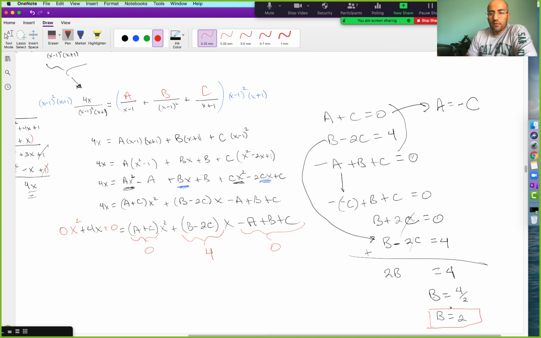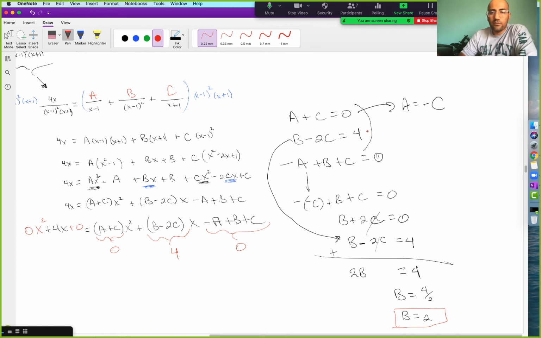2 more to go. Once I find the value of b, then I can go to this equation and find c. I get that we have b minus 2c equals 4, and the b is actually equal to 2, minus 2c equals 4.